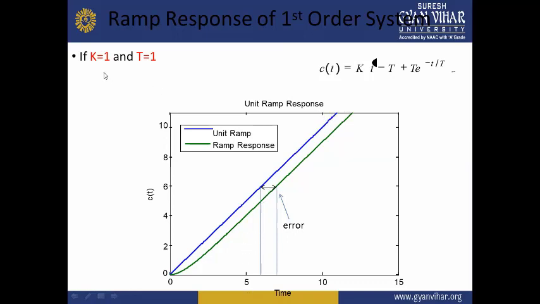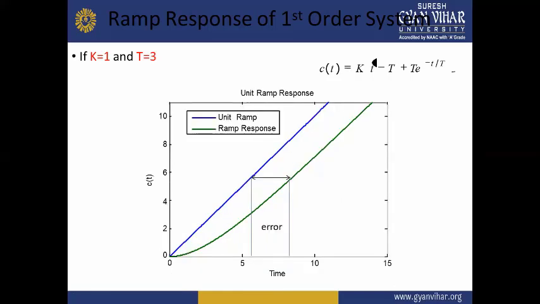If you find out for K equal to 1 and T, the time constant, equal to 1, you will see that there is an error in the final values, in the steady state values. They reach the steady state at nearby 5 seconds, and the error in the signal is approximately 5 to 10%.